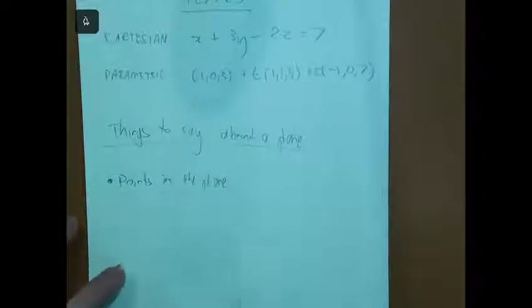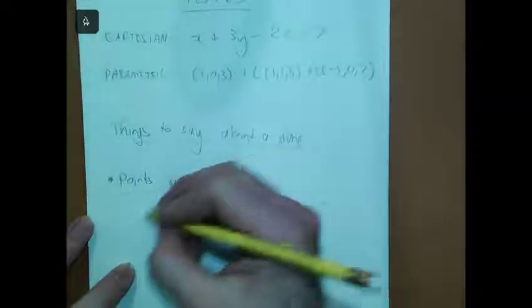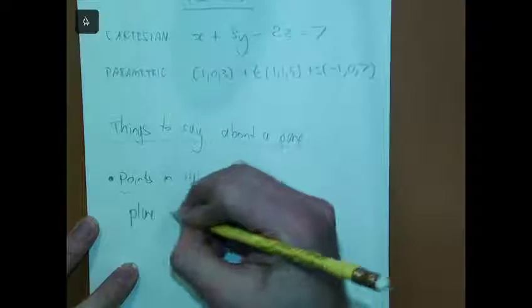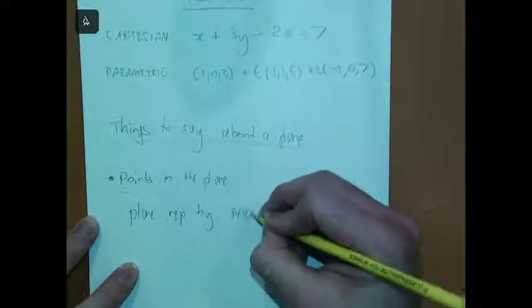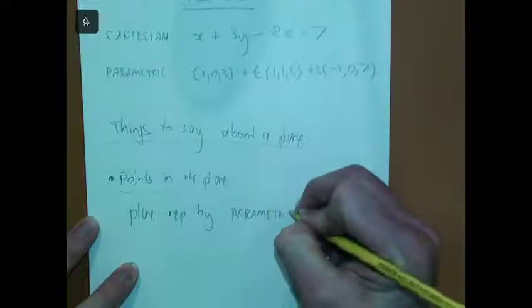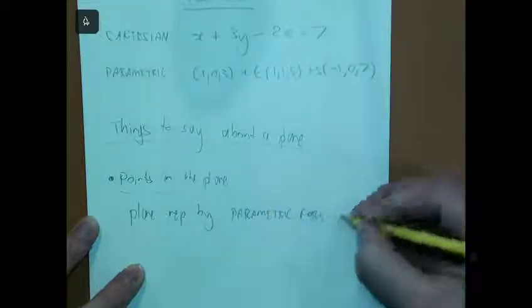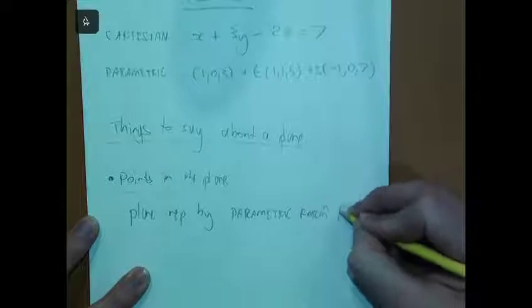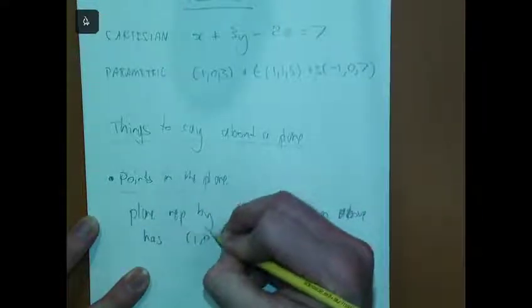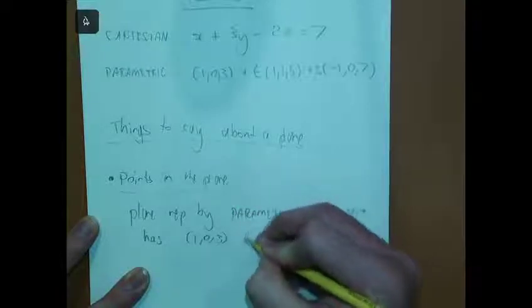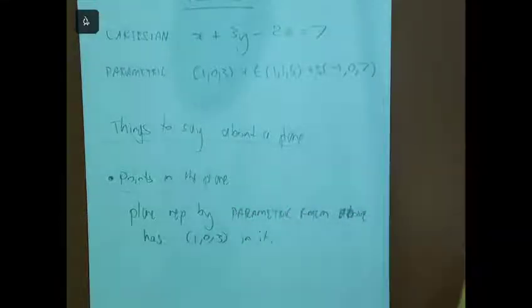Sweet. So the plane represented by parametric form above has 1, 0, 3 in it. It's not really that special, that point. I mean, I'm just choosing t equals 0 and s equals 0.